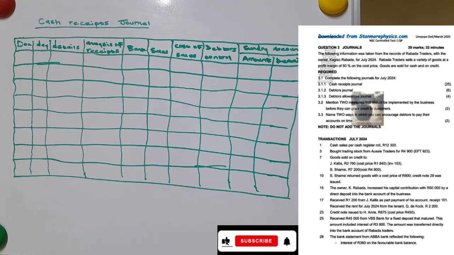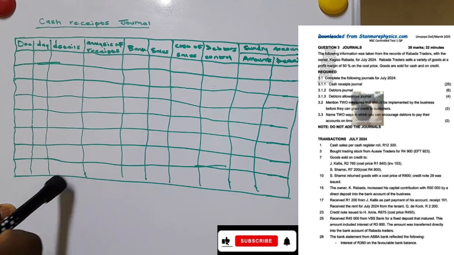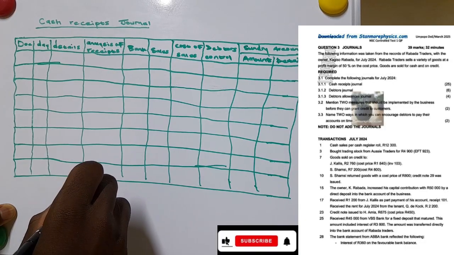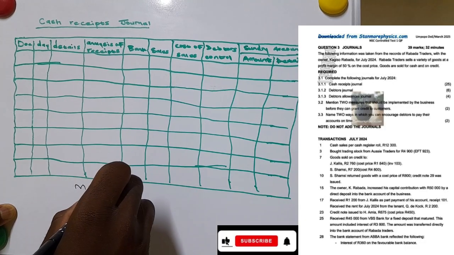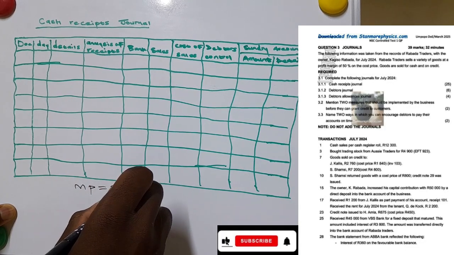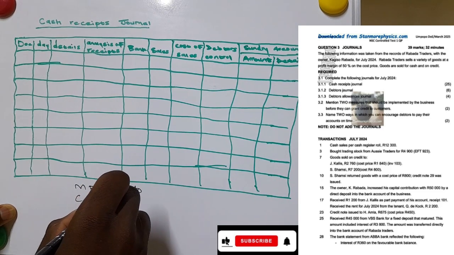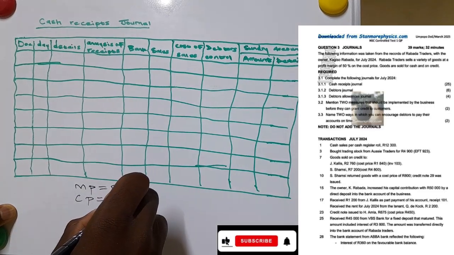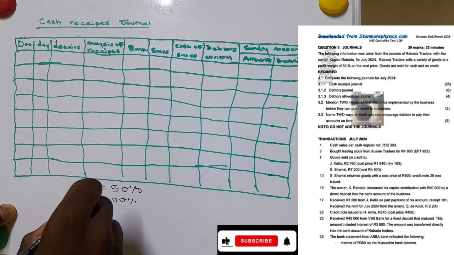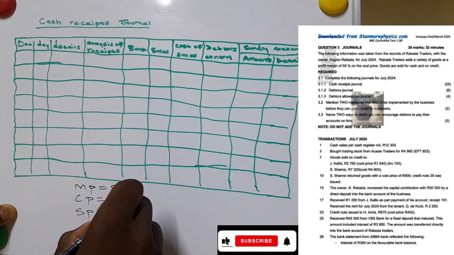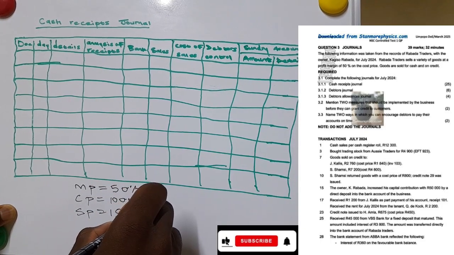So okay, here they are telling us our markup is 50%. Markup MP equals 50%. Then our cost price, guys, always equals 100%, meaning our selling price is going to be 150%.